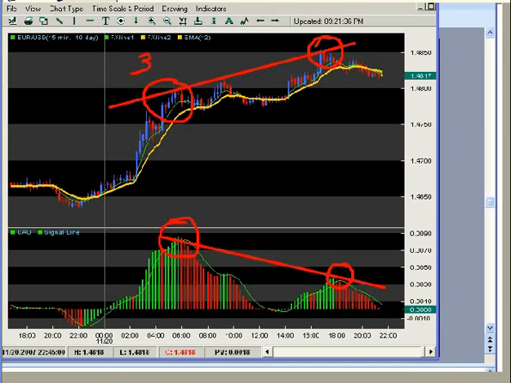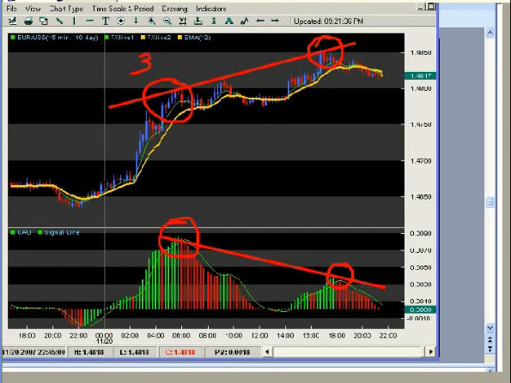You can tell because the top or the bottom, in this case the top of the wave 3, will be the highest price that occurs between 1 and 5 bars on the oscillator prior to the top or bottom in the oscillator.